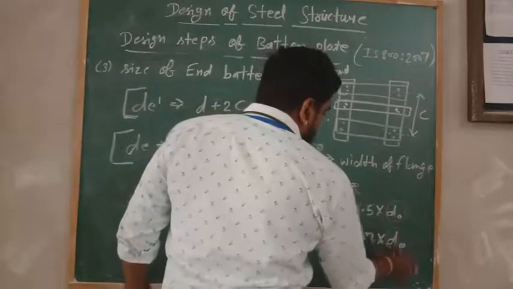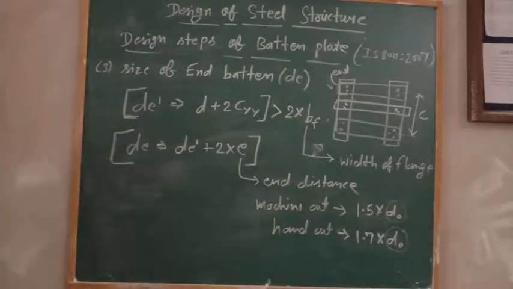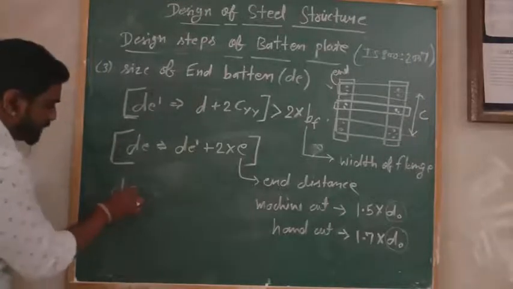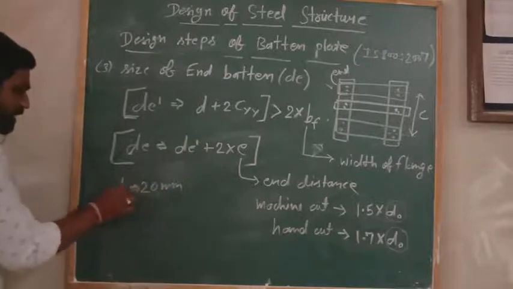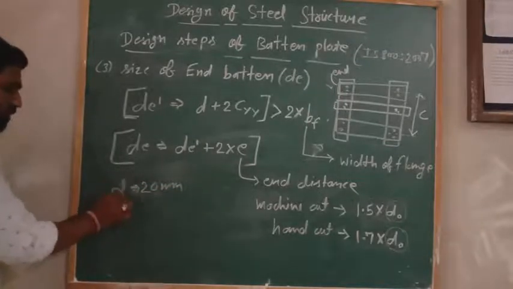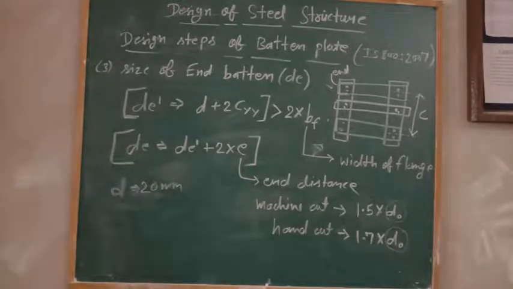So, let's take an example of how we can find the end distance. Suppose the diameter of bolt D is equal to 20 mm.